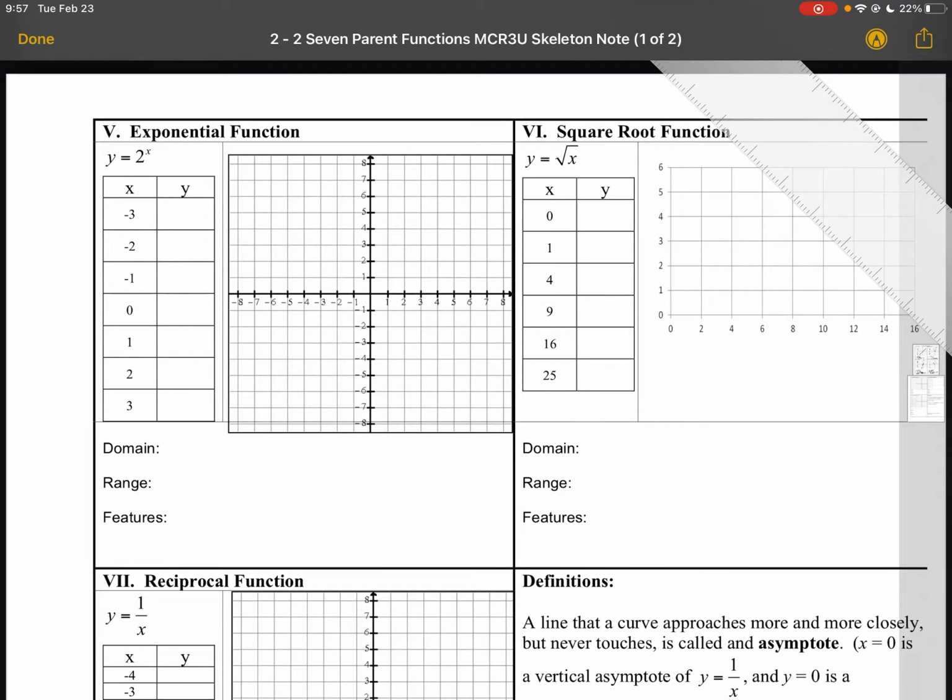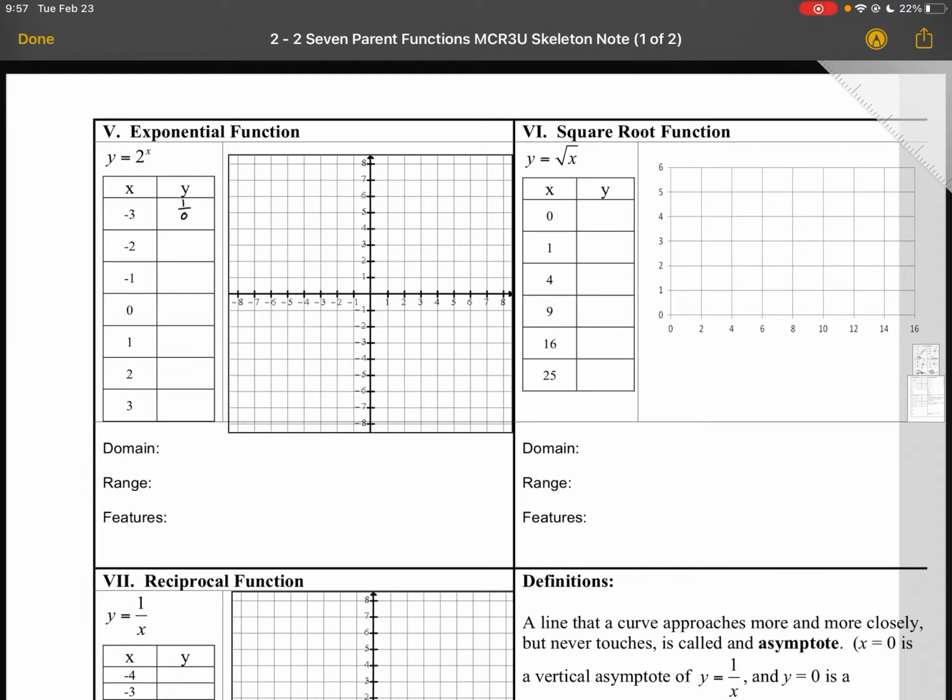The next one is the exponential function. So y equals 2 to the x. Filling in the table of values here, we've got 1/8, 1/4, 1/2 here, sorry. And then we've got 1, and we've got 2, and we've got 4, and we've got 8.